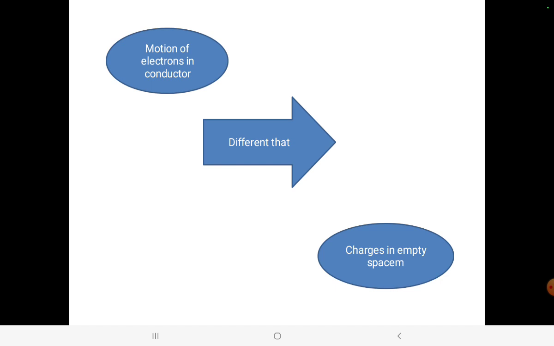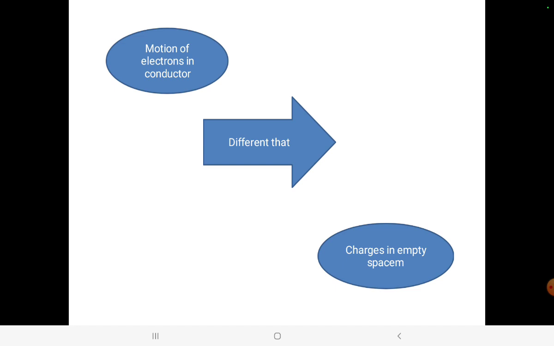And the motion of electrons in a conductor is different from charges in empty space. Yes, the motion of electrons in a conductor depends on how much capacity of charge it has and how much empty place it has.